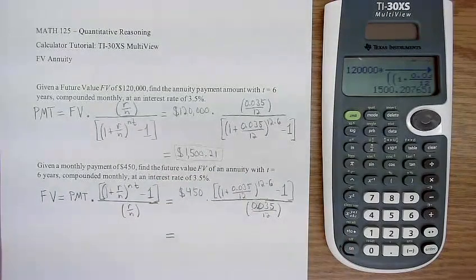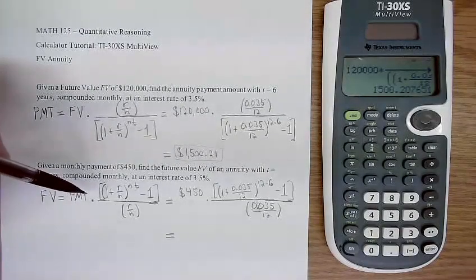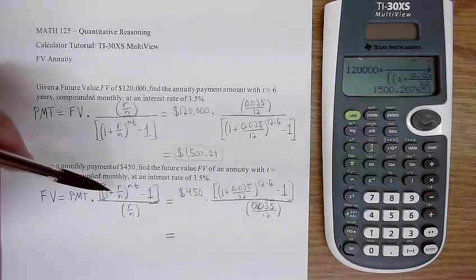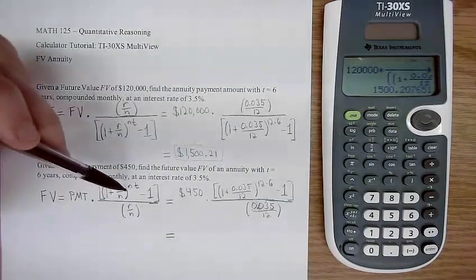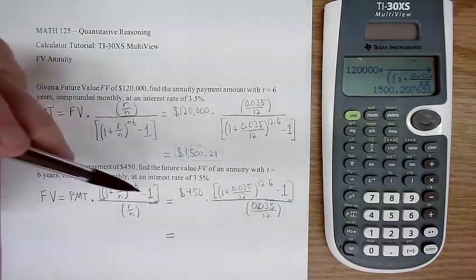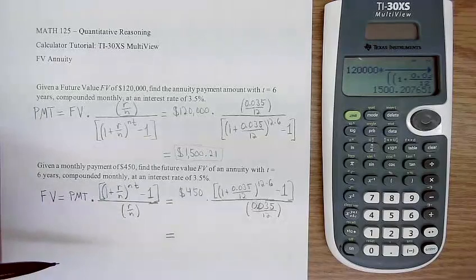All right, then part 2: given a monthly payment of $450, find the future value, FV, of an annuity with T equals 6 years, compounded monthly at an interest rate of 3.5%. So remember, the formula for our future value is future value equals the payment times the fraction where we have the quantity 1 plus R over N, where R is our rate and N is the number of compoundings in a year, raised to the NT minus 1, all divided by, again, our rate divided by the number of compoundings in a year.